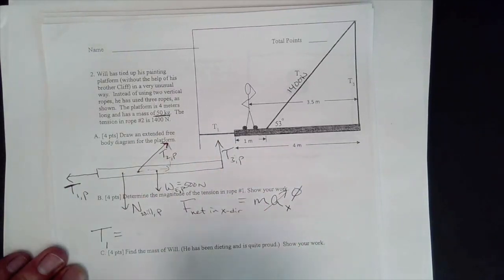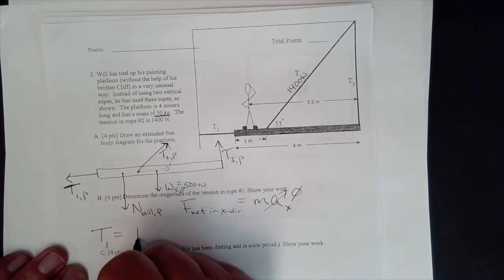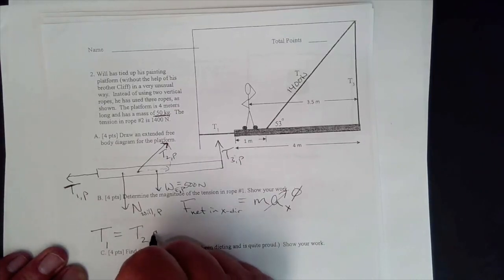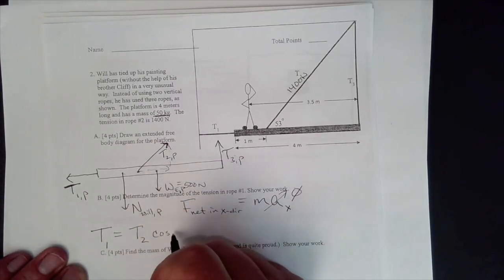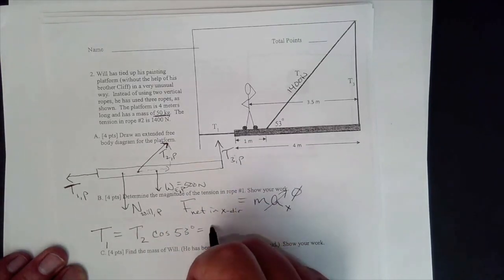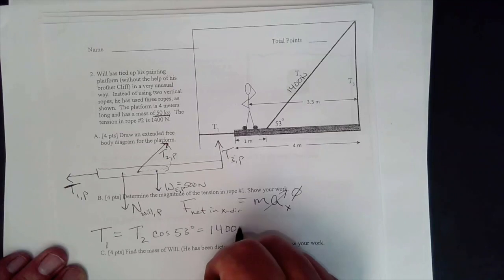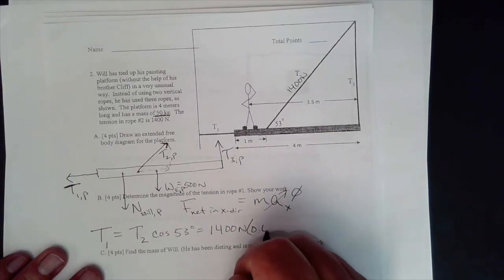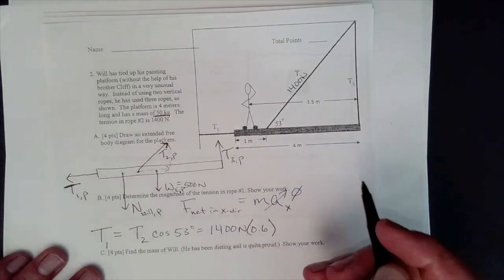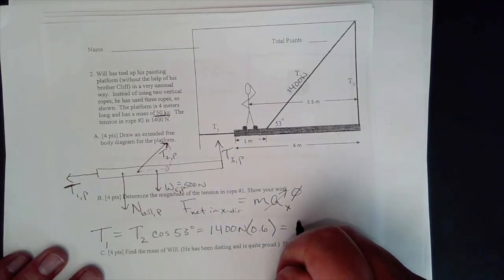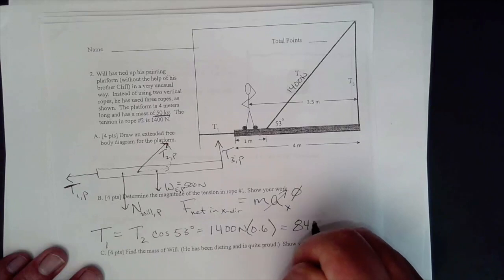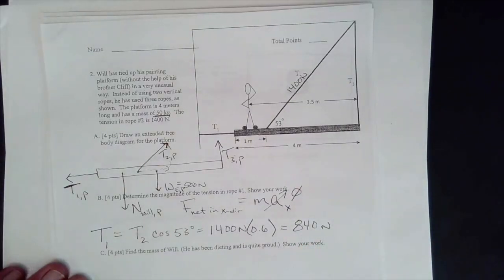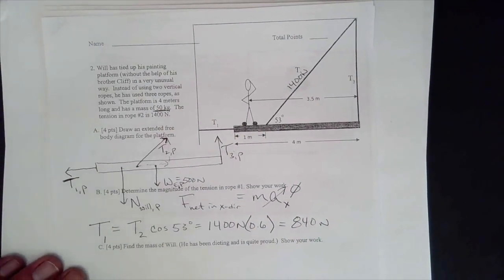Okay, so that's going to be T2 times the cosine of 53 degrees. We're told that T2 is 1400 newtons. The cosine of 53 degrees is 0.6, and so that's going to give me 840 newtons. Now we need to find the mass of Will.